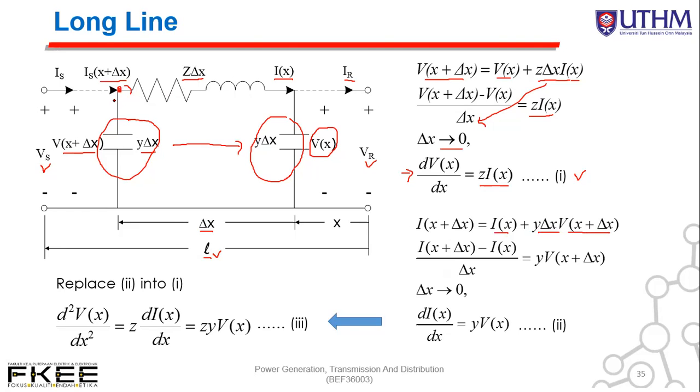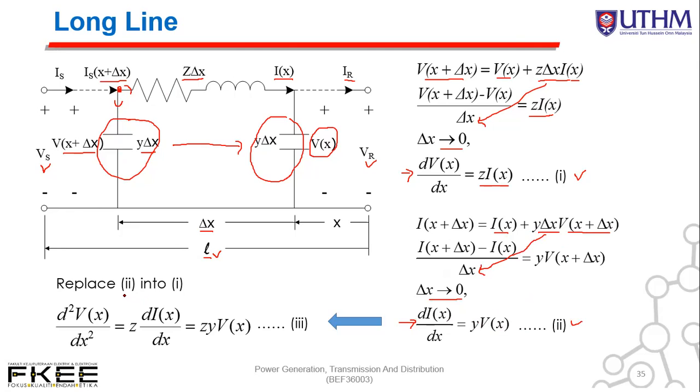The current at this point goes to the admittance. So we can simplify by bringing delta x here, and while delta x approaches 0, we get the differentiation dIx over dx equal to Y Vx. So this is equation number 2.